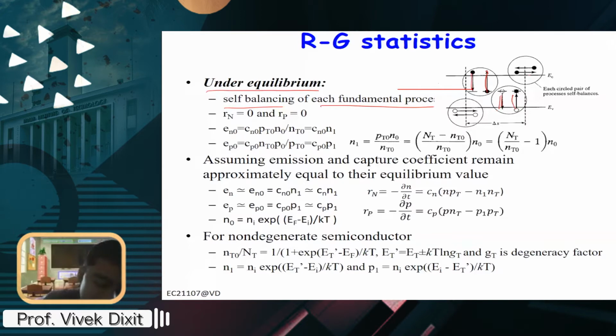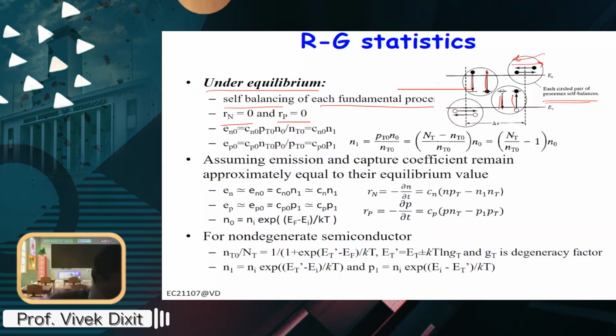Then electrons moving across the right interface, moving out of or into the volume, and holes moving outside and inside the volume, they basically self balance. So this is equilibrium. In equilibrium, individual rates will be zero. The recombination rate for electrons and holes both will be zero.